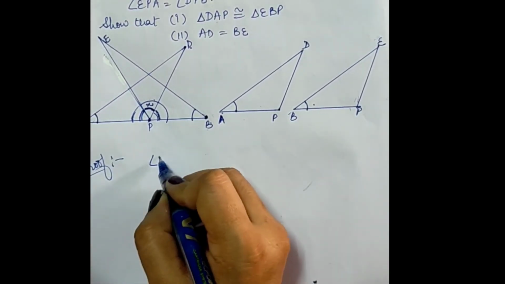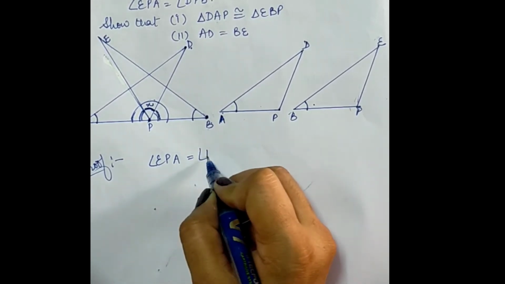Angle EPA is equal to DPB. This is given.